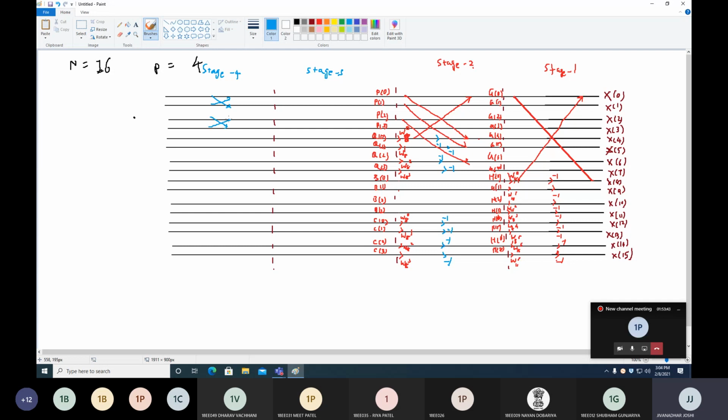How many butterflies come in each stage? Previous से आधे... नहीं, previous से double. यानी कितने?